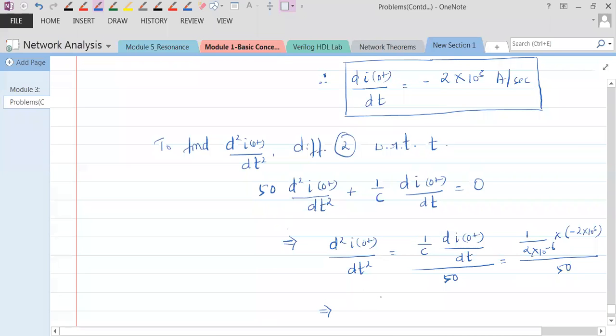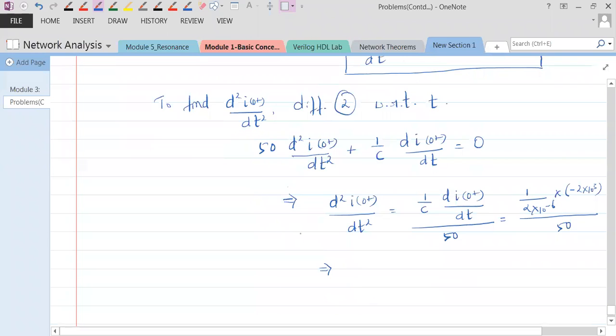So this implies that our second order differential, d square I of 0 plus by dt square, would be equal to what? Here this is minus 1 by c, sorry, you have the minus.